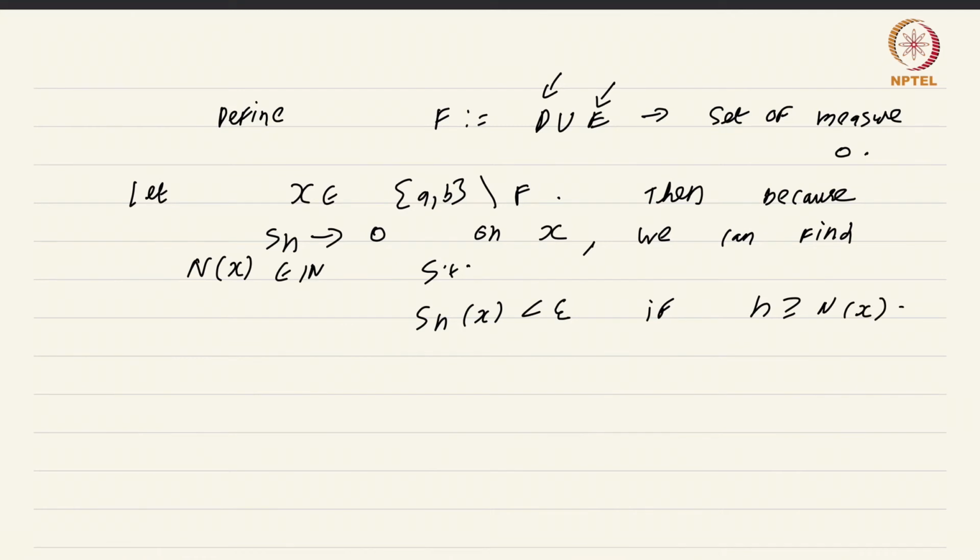Okay, so we must write: fix epsilon greater than 0, of course. So once you have fixed an epsilon, we can find a large enough natural number such that Sn(x) is less than epsilon if n is greater than or equal to Nx. Of course, this happens because Sn is decreasing to 0 on AB minus F.